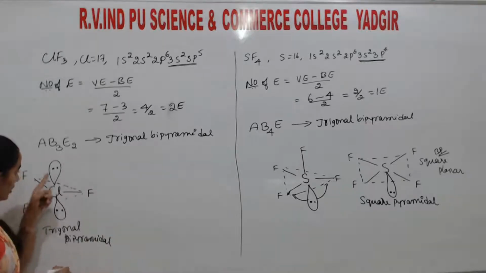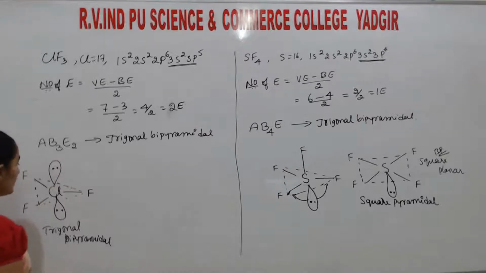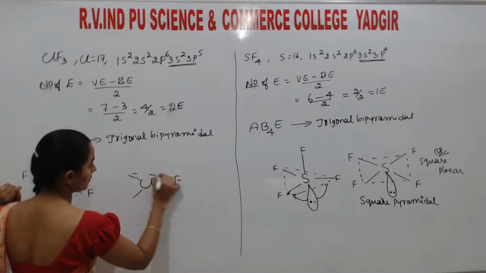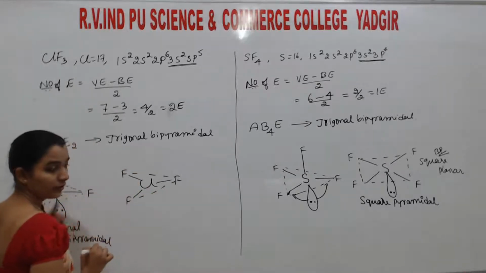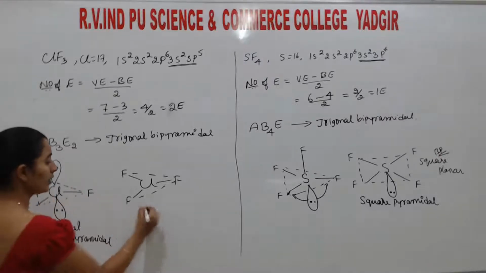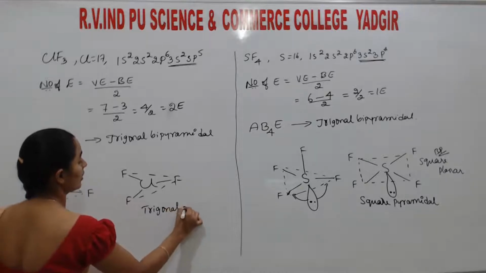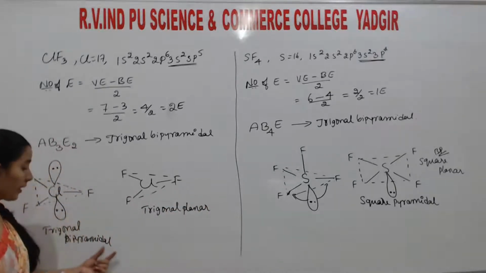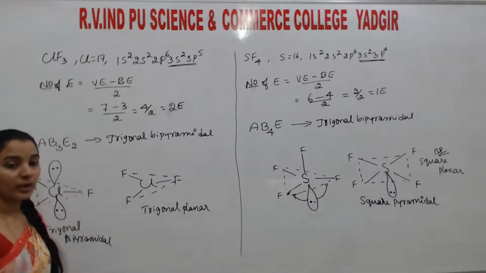But students, when you consider this is trigonal bipyramidal, just leave this structure, simply write the structure like this. Then it is what? Without considering this lone pair, this is trigonal planar. Means instead of this trigonal bipyramidal, the structure also follows trigonal planar.